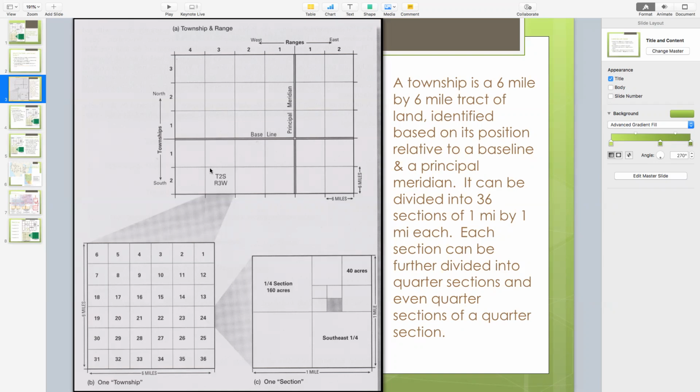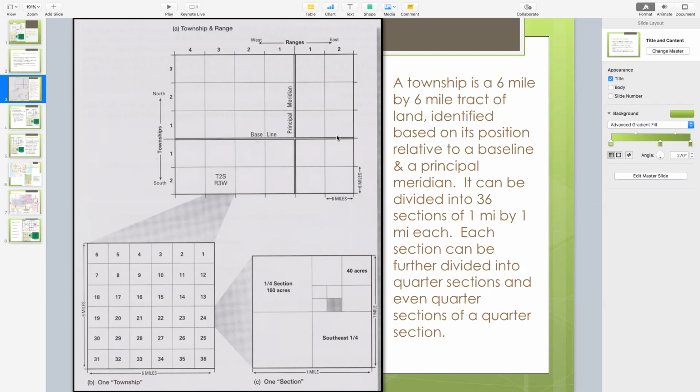It is identified by its relation to the baseline and the principal meridian, kind of like how we look at latitude and longitude. So here is the baseline.